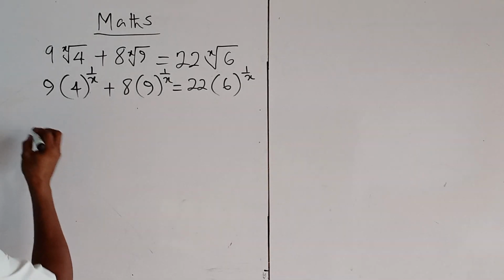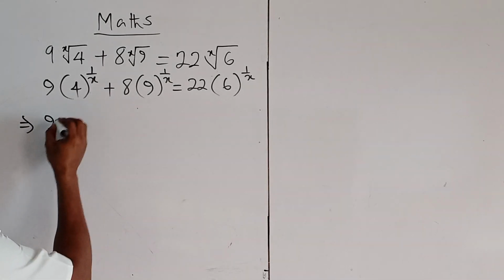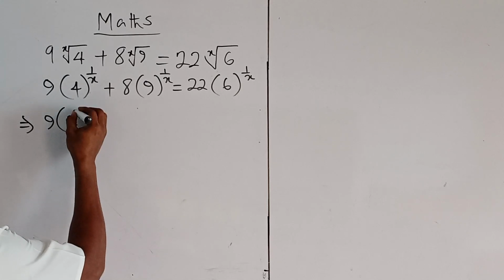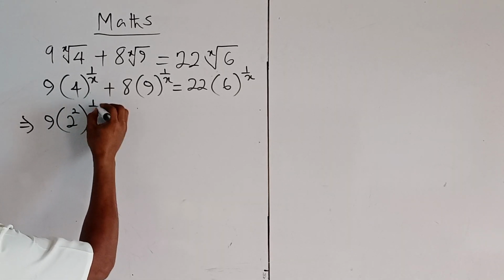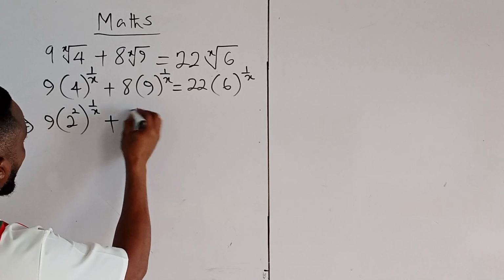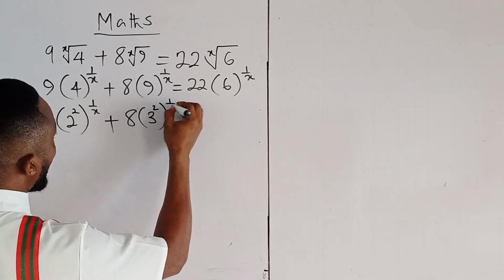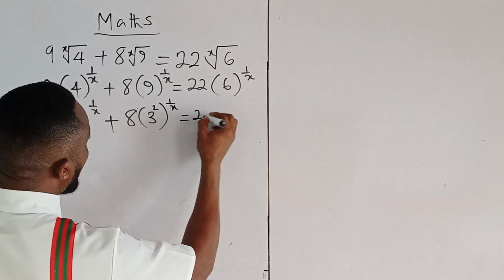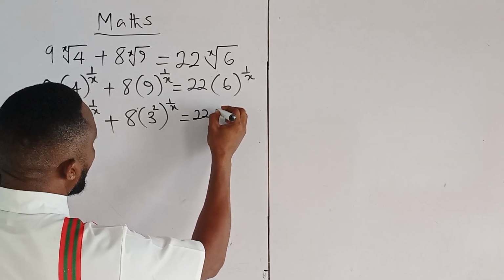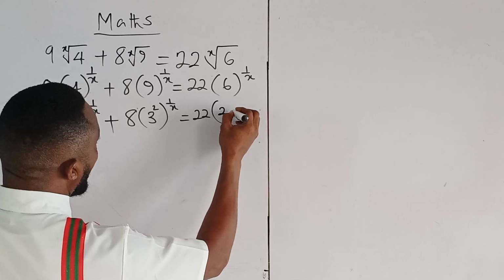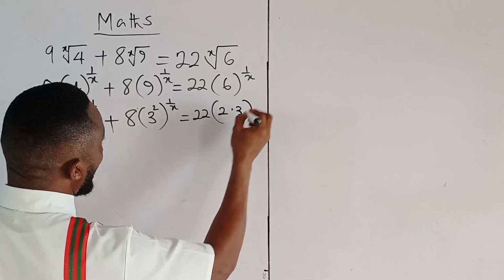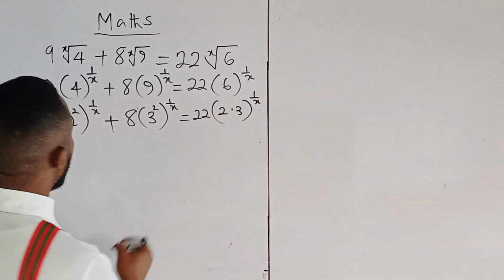So I can rewrite this problem to be 9 multiply 2 squared raised to the 1 on x plus 8 multiply 3 squared raised to the 1 on x equals 22 multiply 2 times 3 raised to the 1 on x.